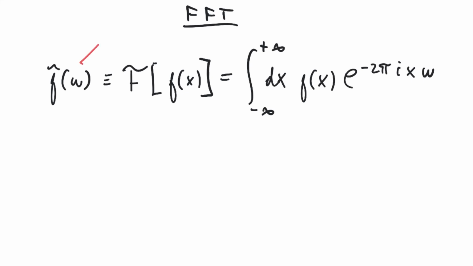Here omega is what we say a frequency, and x here is a coordinate.